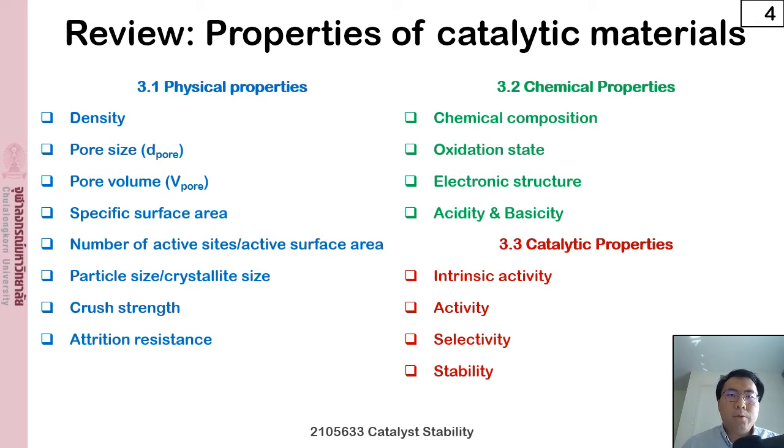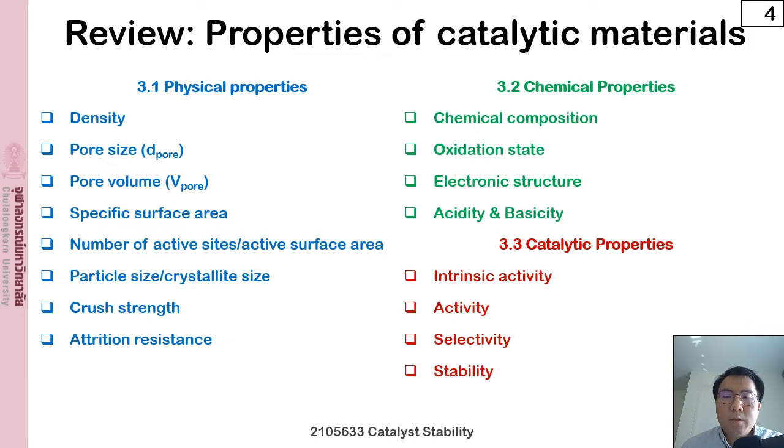So now you have the catalyst that you evaluate if it's active and selective. But if your catalyst can catalyze the reaction only for a very short time, it will cause a burden to your process. You have to pay for the change of the catalyst or the regenerations.